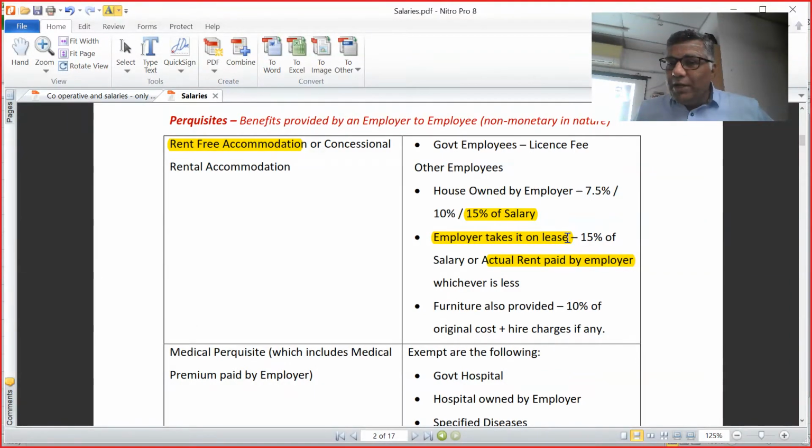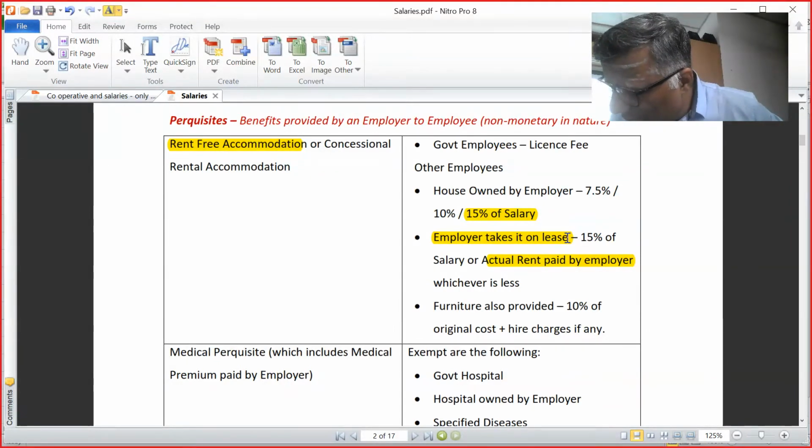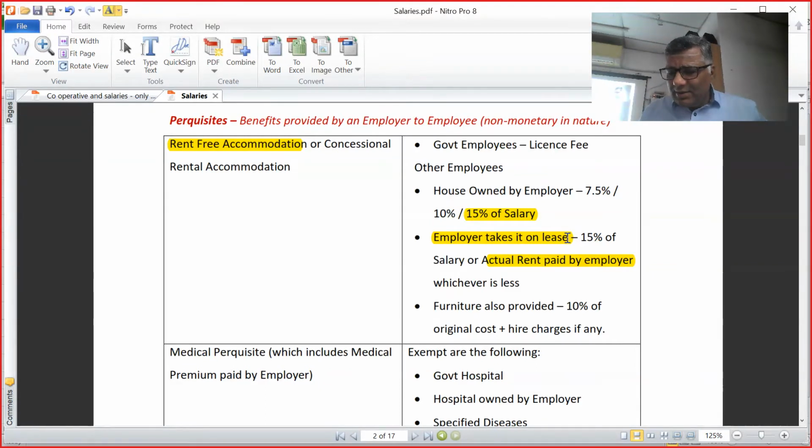No, sir. Why no? Because advance is more like a deposit, and at the end of the period we receive it back. I am asking you, is it taxable for the employee? Why no? Sir, advance deposit is taxable in this.